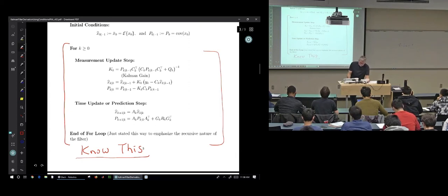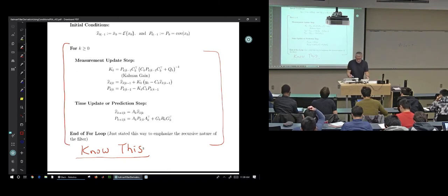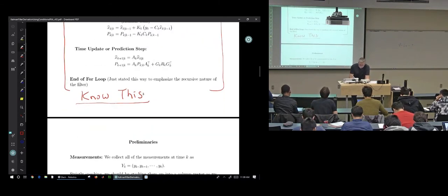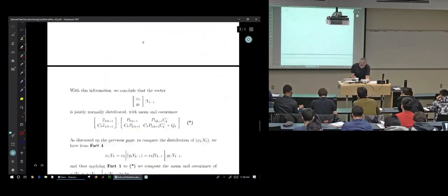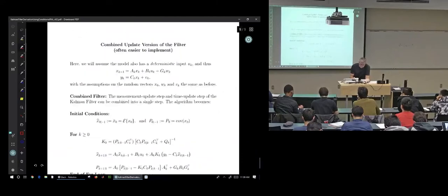Know this. You do not have to know how to derive it. It's nice to know the derivation, but you don't have to.